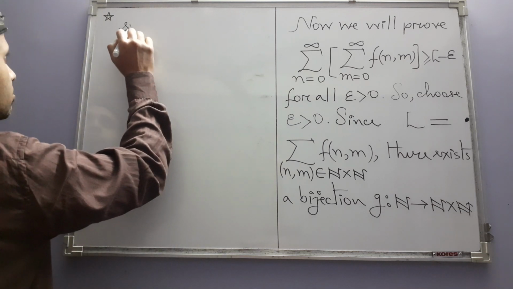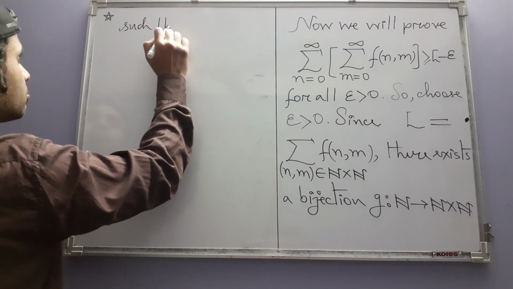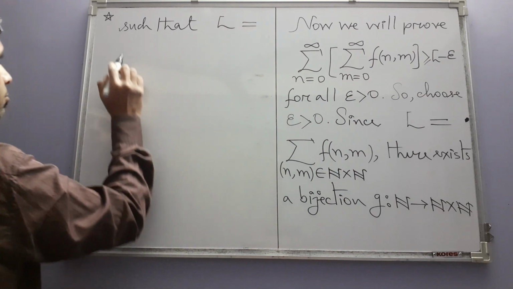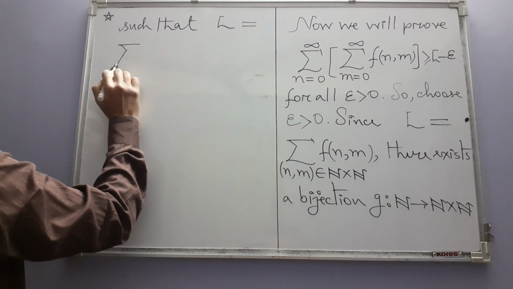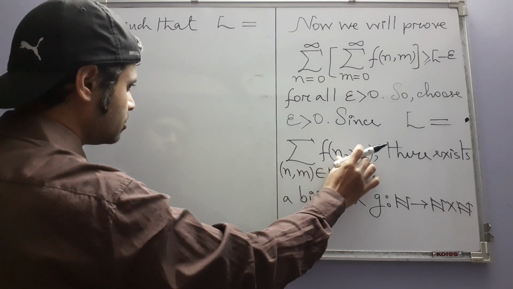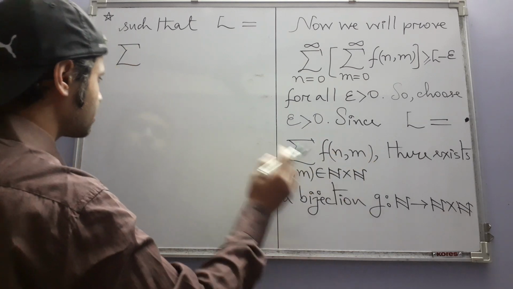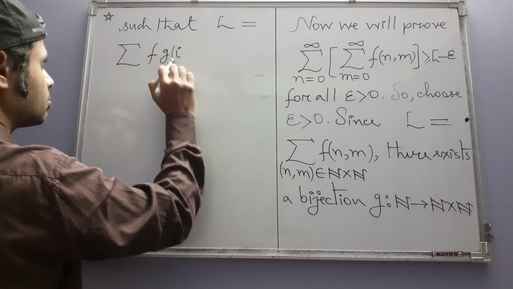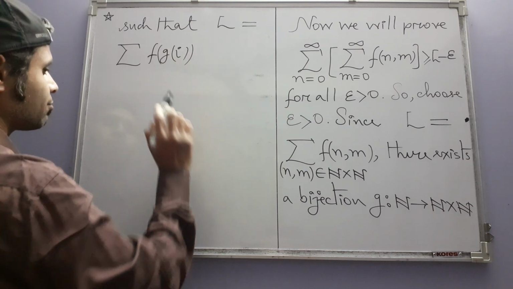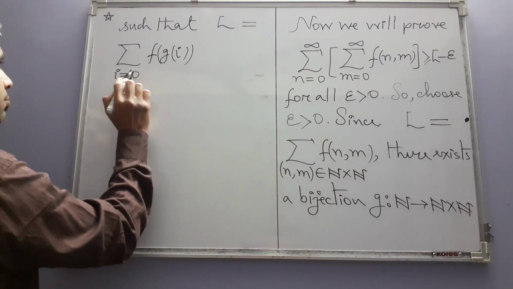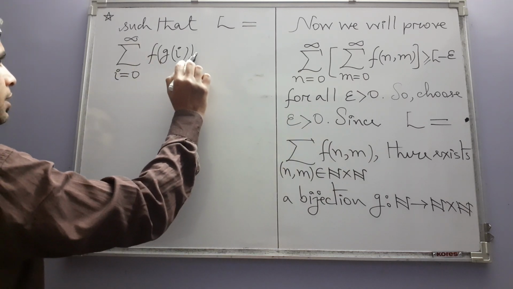Such that L is equal to, now when we apply this G, in order to change this input in terms of G, we write G of I. So G of I is just this n comma m, and now I varies from 0 to infinity.